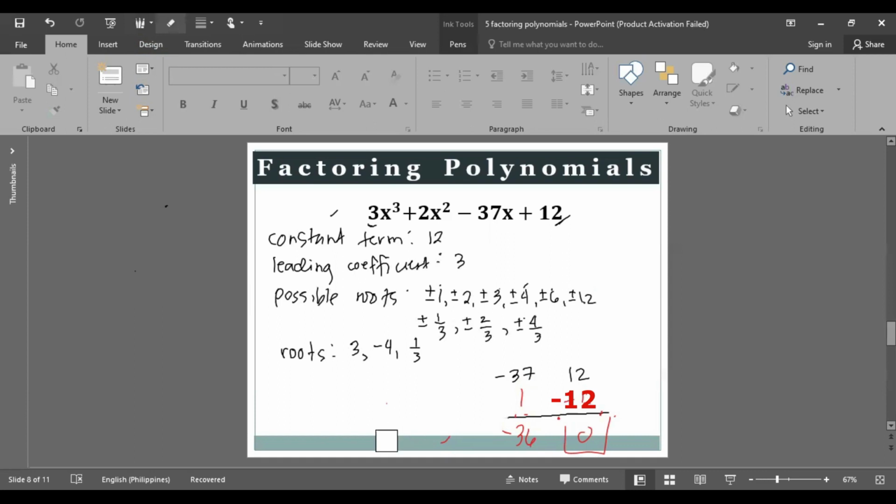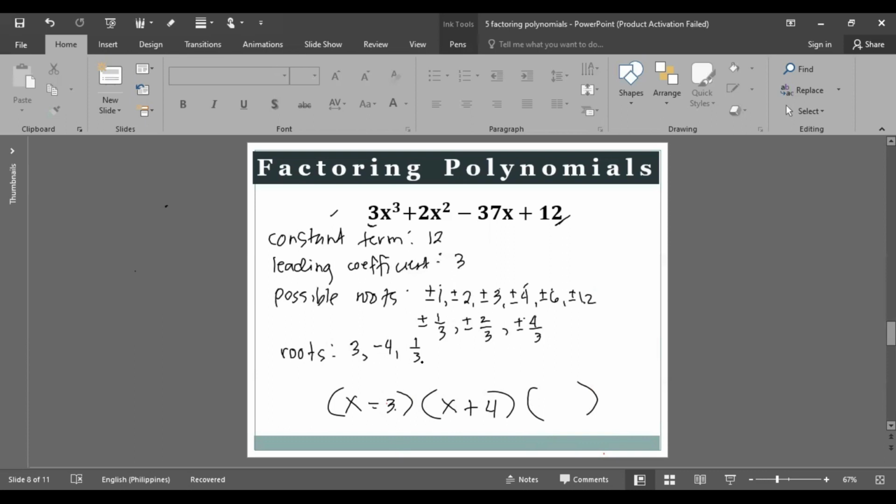What are now the factors of this polynomial expression? We have x minus 3. Again, we get the opposite sign of the roots. That's why we have here minus 3. Next, x plus 4. And how about this? 1/3.